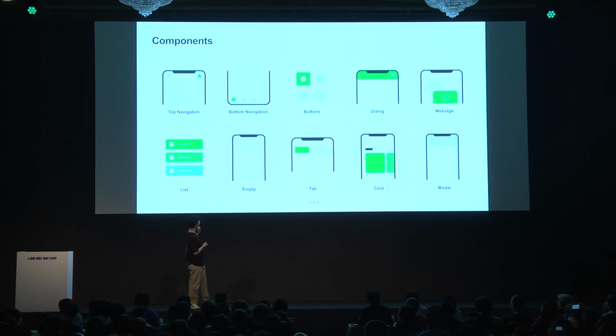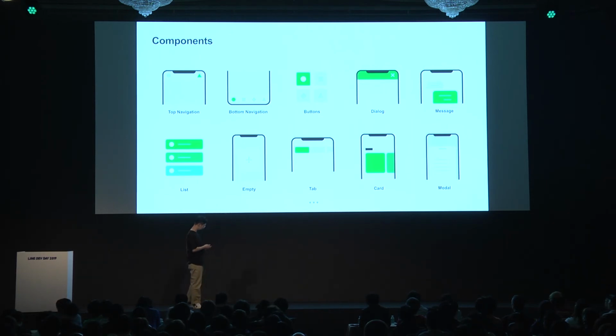We have top navigation, bottom navigation, buttons, dialog, messaging, list, empty, tab, card, and modal. And so much more is coming to this list. One thing I need to let you know is that having and making those beautiful components, and having discussions about what is wrong or right, what is the perfect implementation of the craft, is really important, but also having a single universal name for each component can be super important.